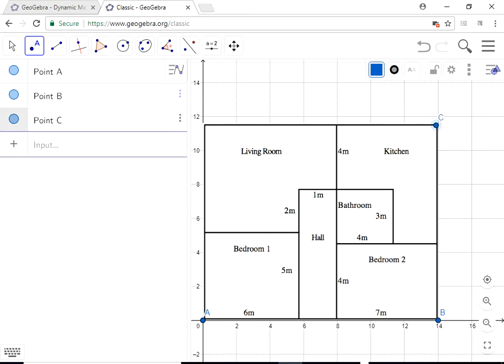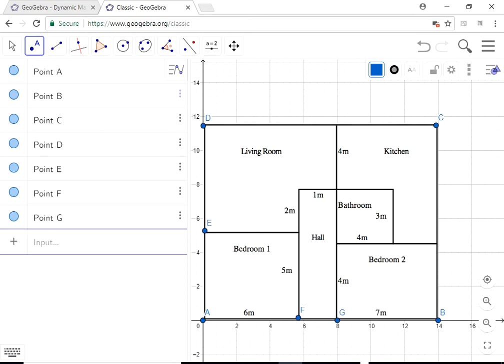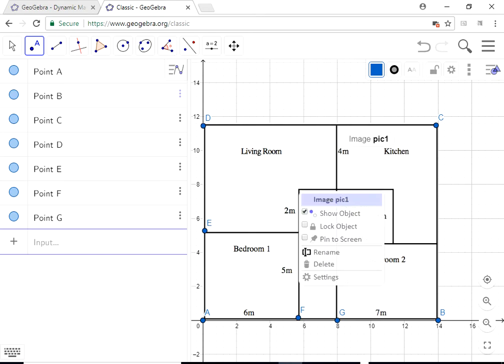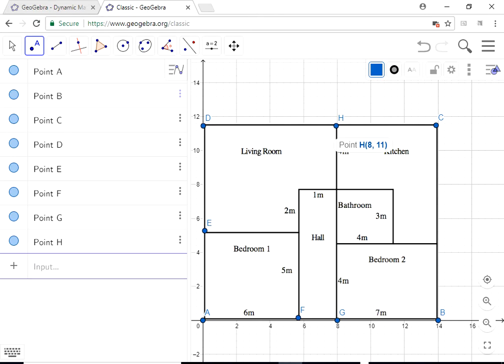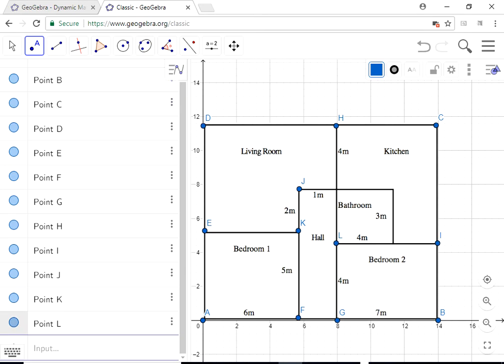We have this corner be C, this corner be D. Then we have our E, F, G, H, I, J, K, L, M, N, and O.